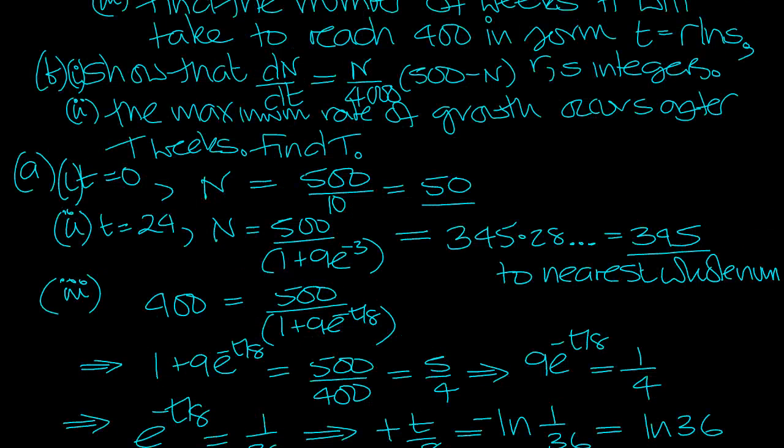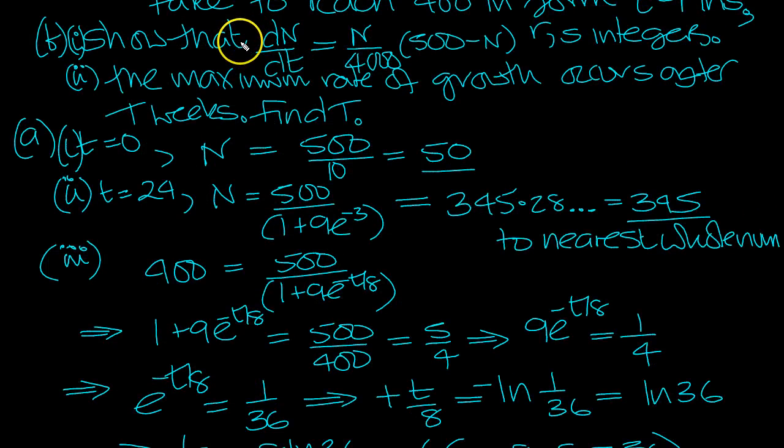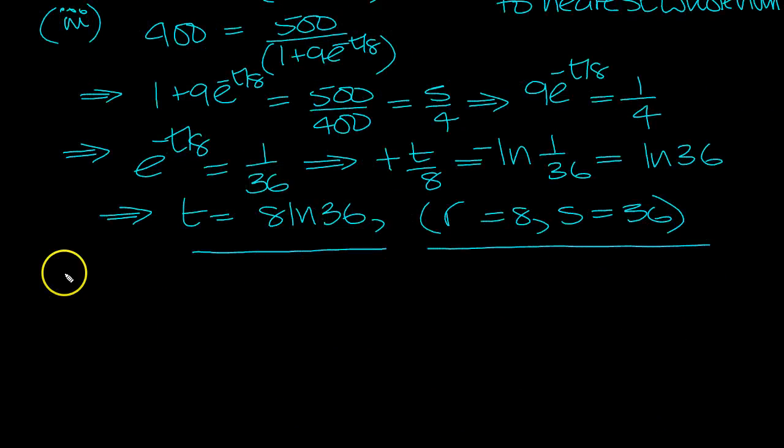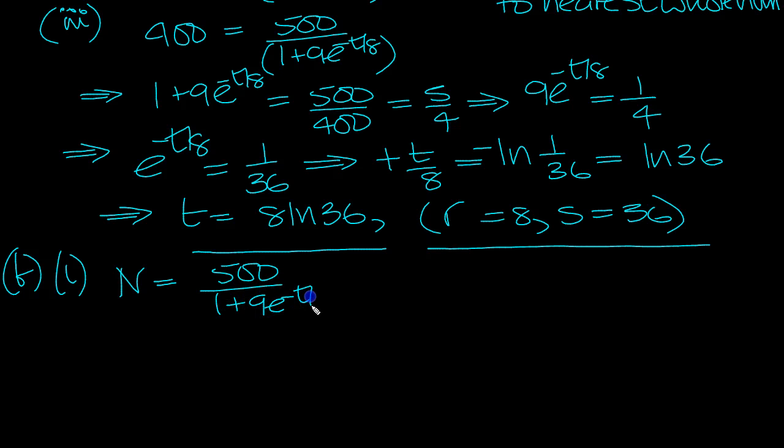Okay, that's part 3. Now get dN/dT and show it's equal to this. So part B, 1. N was equal to 500, remember? Over 1 plus 9 e to the minus T over 8. It's a function of a function here, isn't it?